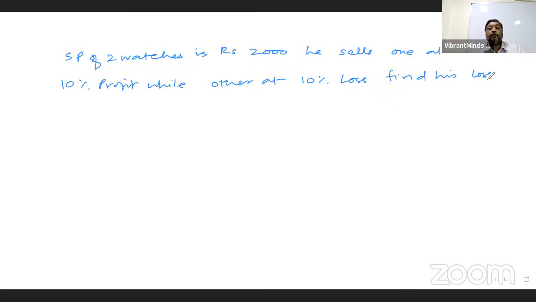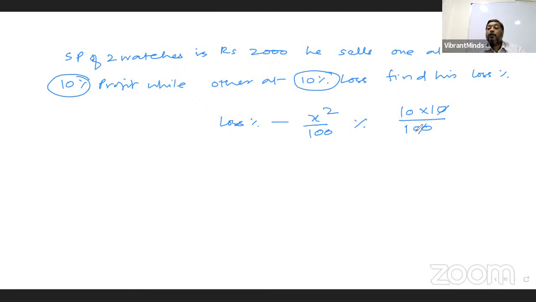Find his loss percent. So again, the formula is what? For the loss, understand? This is my x, this is my x. For the loss percent, what is the formula? X square by 100%. So 10 into 10 upon 100. What is it? 1% loss. Is it clear?